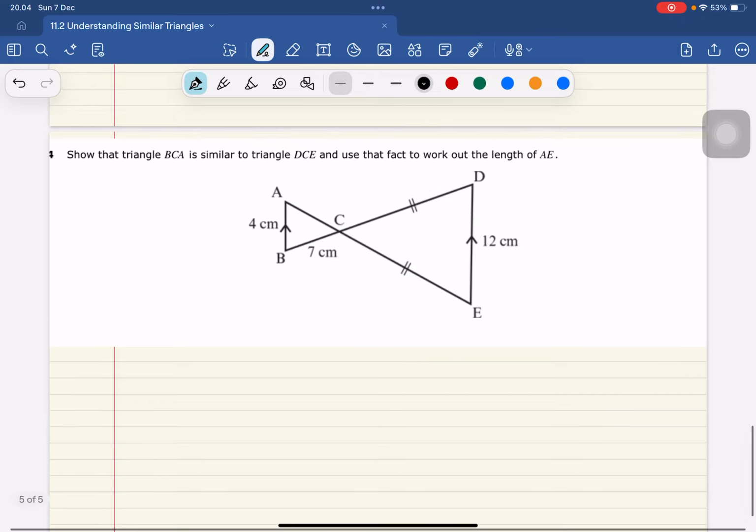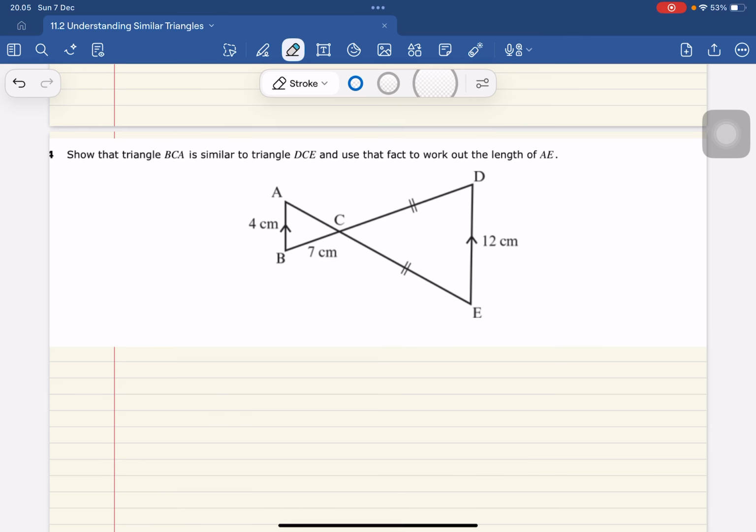Okay, 4. Show that triangle BCA is similar to triangle DCE. So we have to show that their angles are equal. Okay, let's check it.